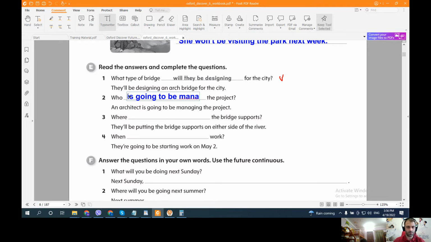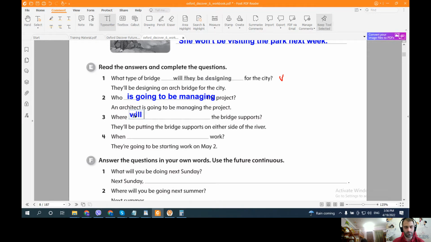An architect is going to be managing the project. 3, where will they be putting?